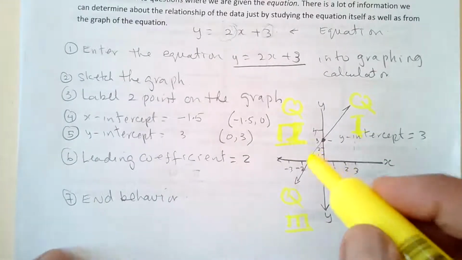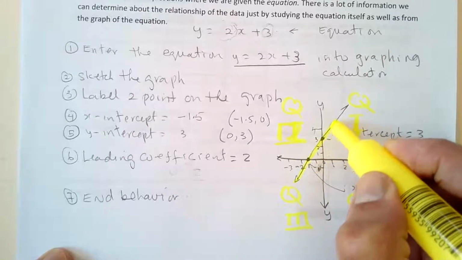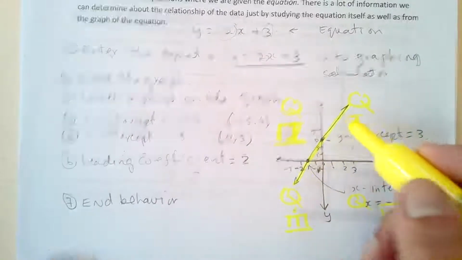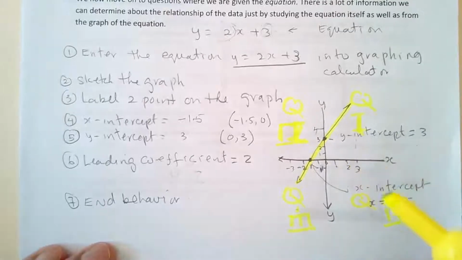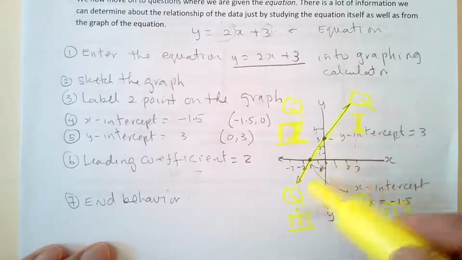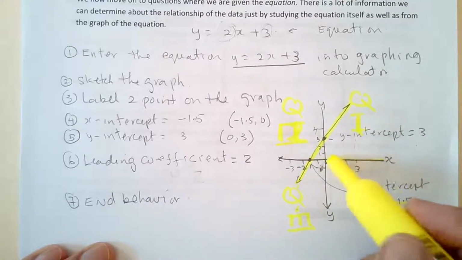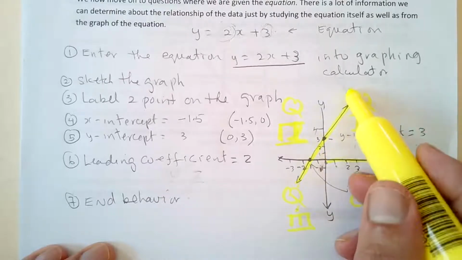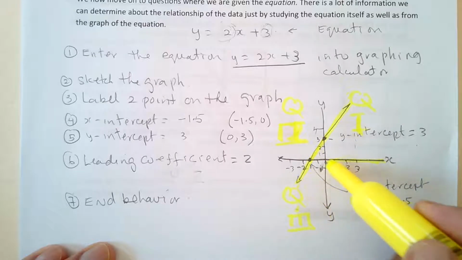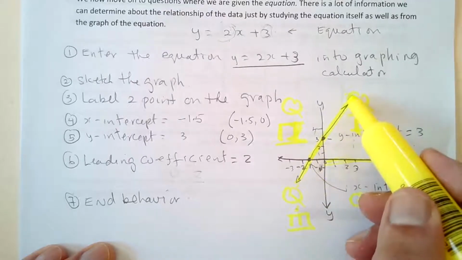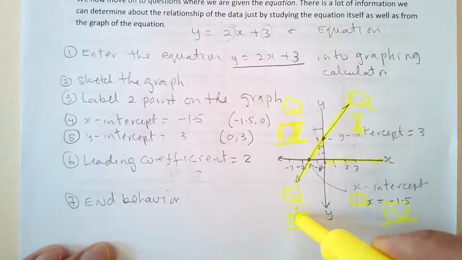So in this graph now, it's going from quadrant 3 to quadrant 1. And the way you label where it's heading to, you're looking at where x is increasing. What is happening with the y? Because as x increases, y increases, we say it's moving from quadrant 3 to quadrant 1.